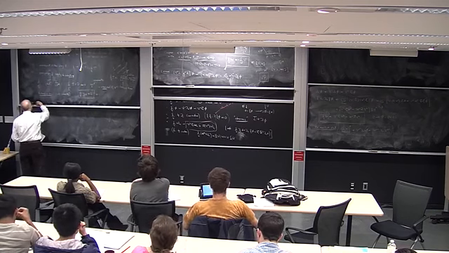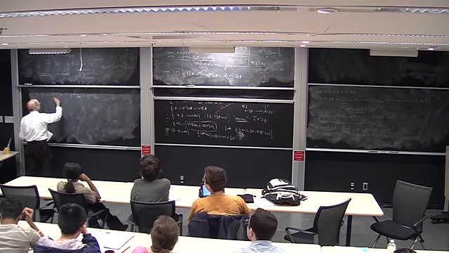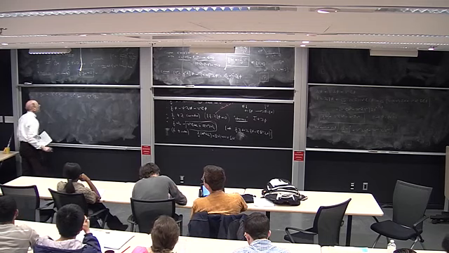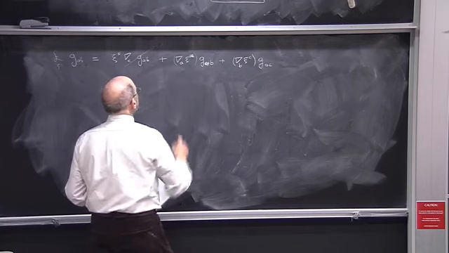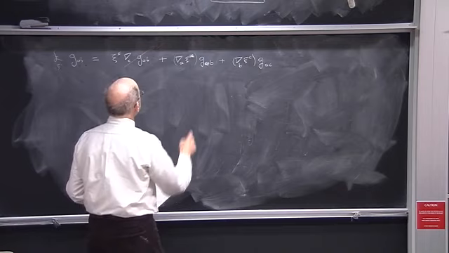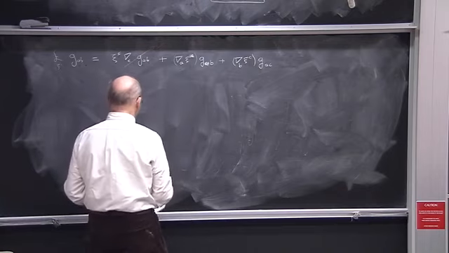This is true for any rank 2 tensor whatsoever. It doesn't need to be symmetric or anything. But now, of course, if it's the metric, then by definition, this thing is 0. And furthermore, since it's the metric, I can pull the metric tensor inside the covariant derivative.